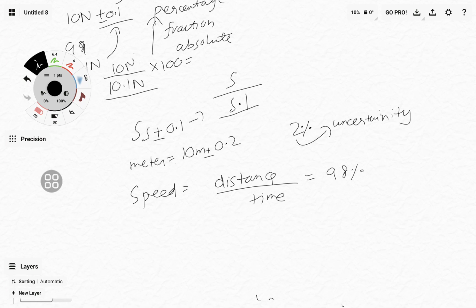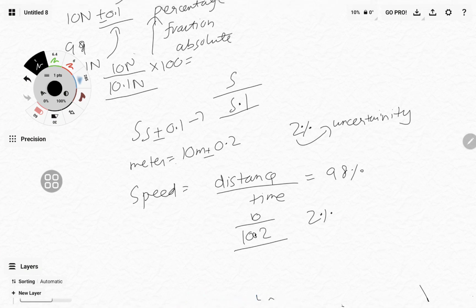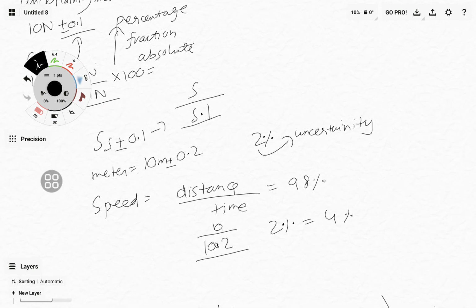So for meter we will have 10.2 divided by 10. Oh, it's similar, so using 0.1 second, 2% again. So this will add up to 4% in speed uncertainty. That's how you add them. I might be a bit wrong, so we will talk about this later.